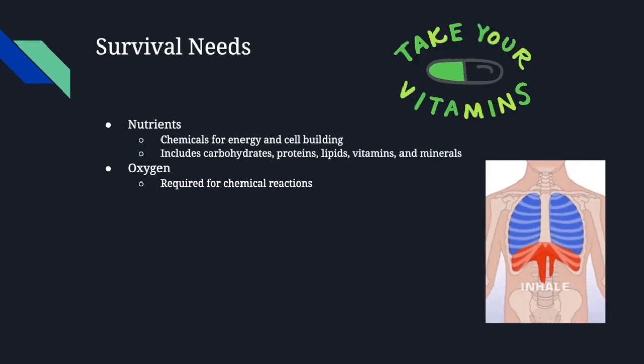Next, let's look at survival needs, things we need in order to remain alive. One is nutrients. We use those chemicals from our food for energy and building cells, and they include carbohydrates, proteins, lipids, vitamins, and minerals. We need oxygen for certain chemical reactions to take place in our bodies.